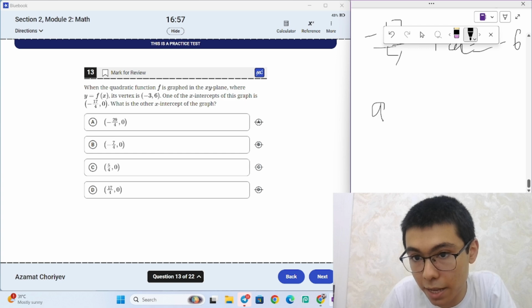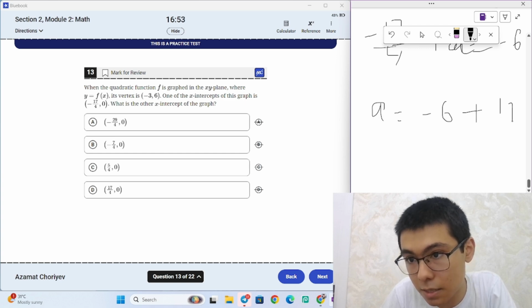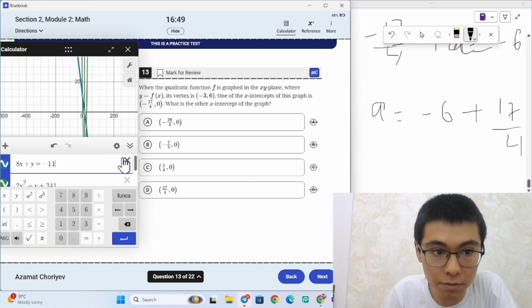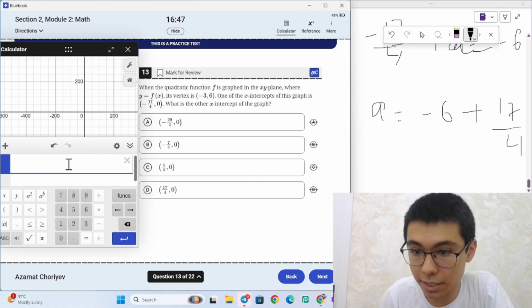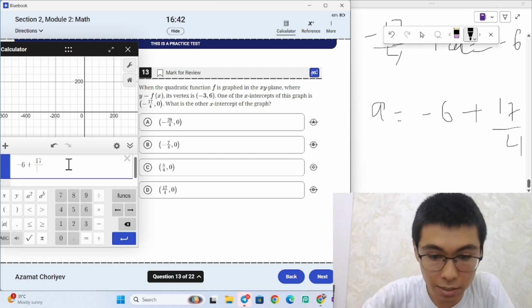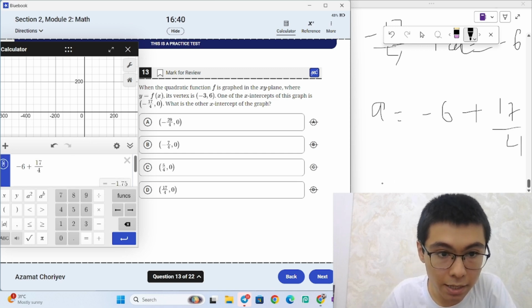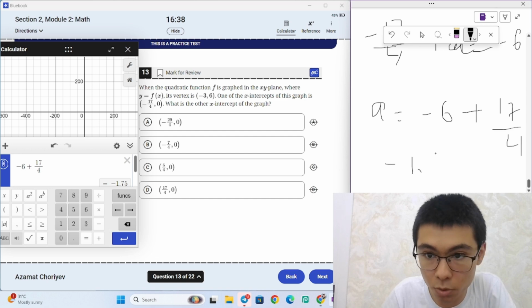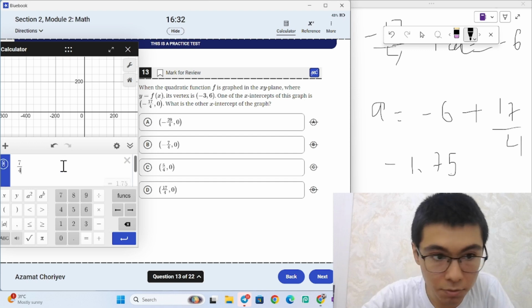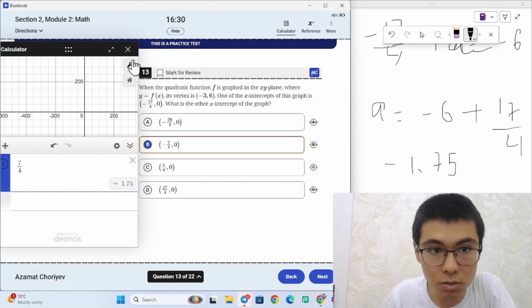So from here a equals minus 6 plus 19 divided by 4, and I'm going to use the calculator for this. Minus 6 plus 19 divided by 4, and I get minus 1.75. So which one of these equals, let's divide 7 by 4. Yeah, so the answer is B.